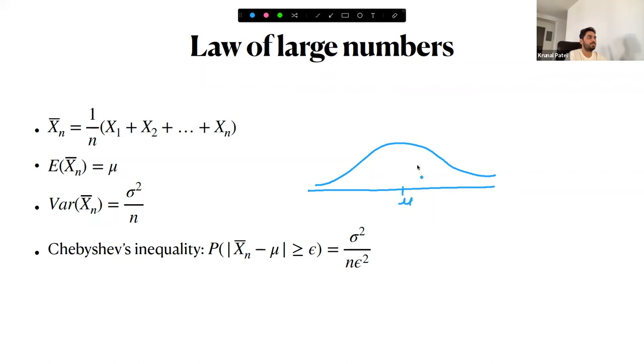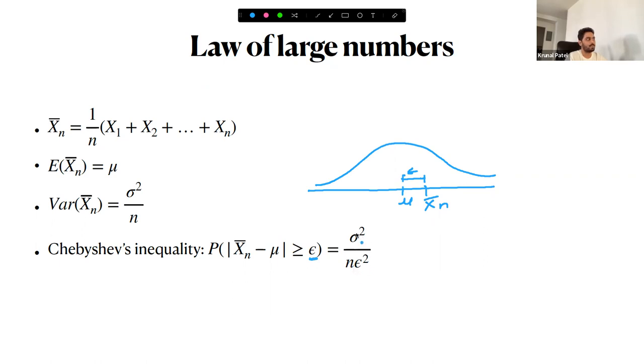This is mu, and here it was our x n bar, and this is my error, right? So what it is saying is that the probability of me making an error larger than epsilon is bounded by sigma square divided by n times epsilon square, right?